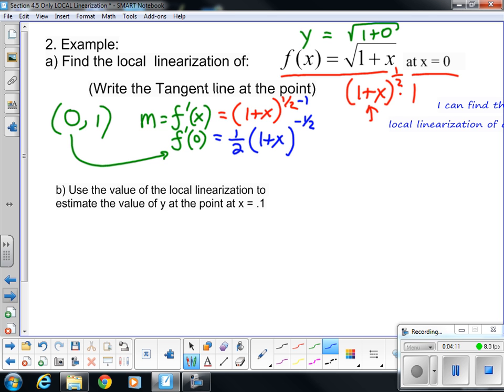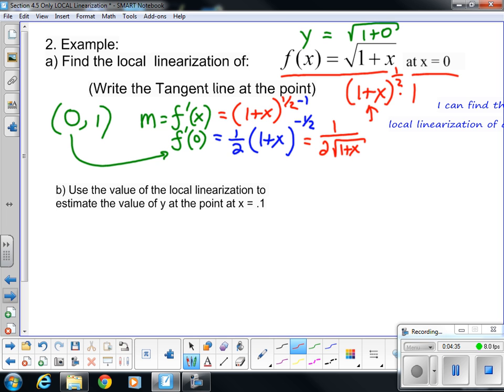Now, I'm going to rewrite this derivative because some people, now you can use your calculator to calculate this, of course, unless it's a non-calculator problem. So I'm going to rewrite this equation using radicals and also using fractions. So this is the same as 1 over 2 times the square root of 1 plus x.